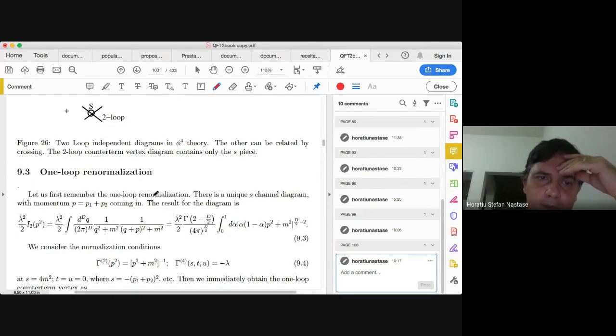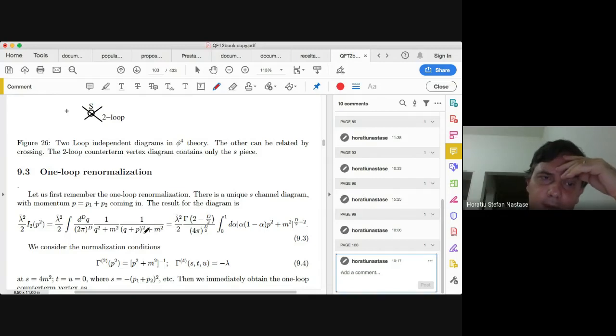So one-loop renormalization was something like this. There was one propagator with a Q and one with a Q plus P, then integrated with a symmetry factor 1/2 because of flipping, and with lambda tilde squared.